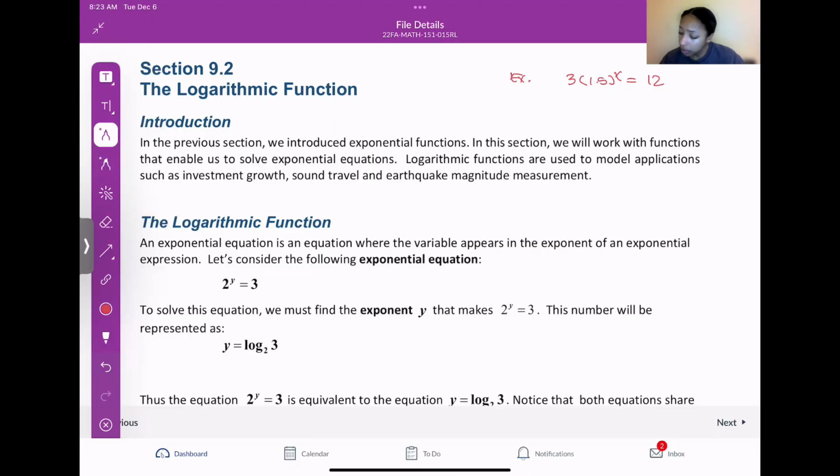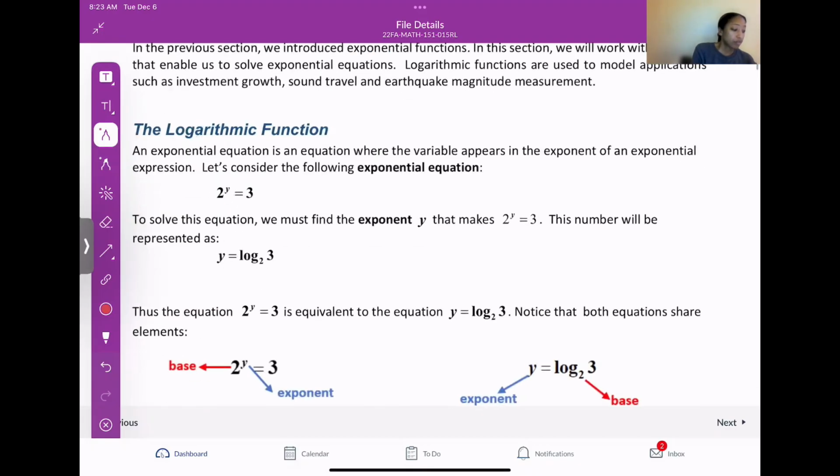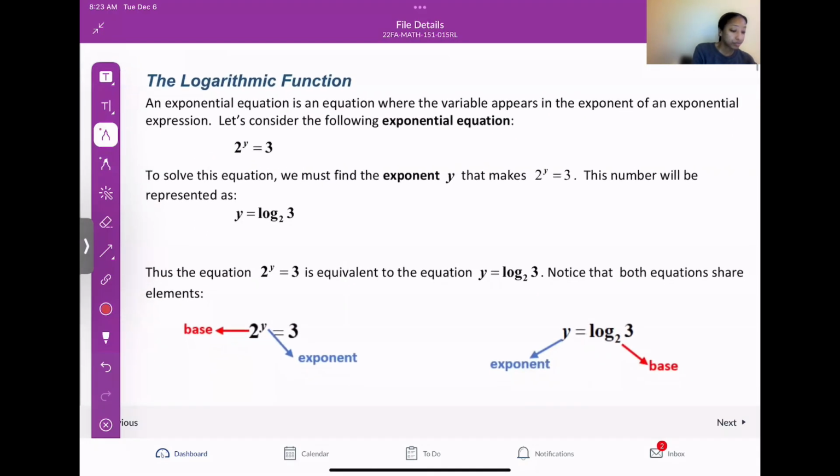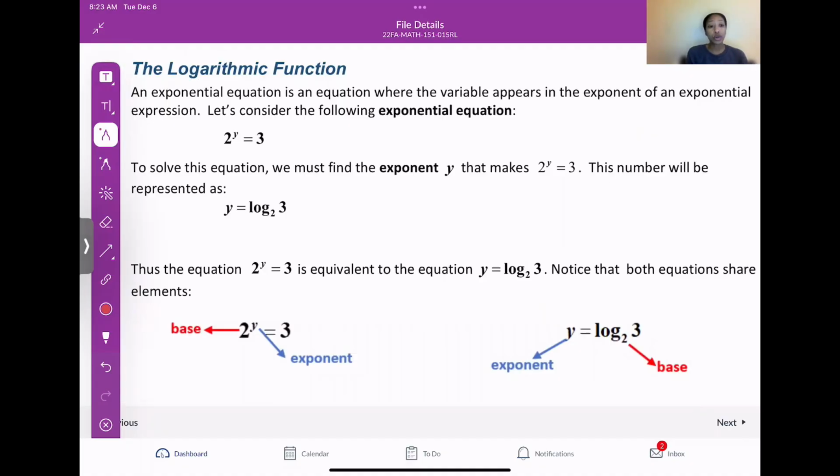Okay, so let's talk about what happens if we start off with an exponential equation. An exponential equation is something where we know our base, we know the output, and we want to solve for the exponent. So here we have 2 to the y power is equal to 3. And we want to be able to solve for y. We want to know what power we raise 2 to, to get 3.